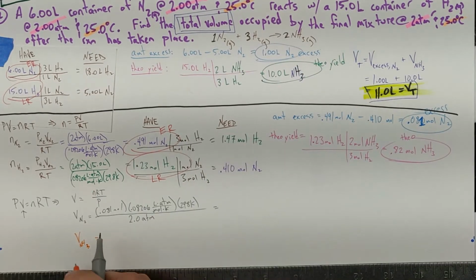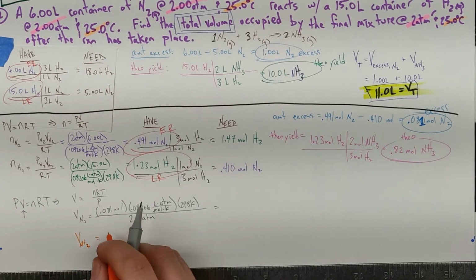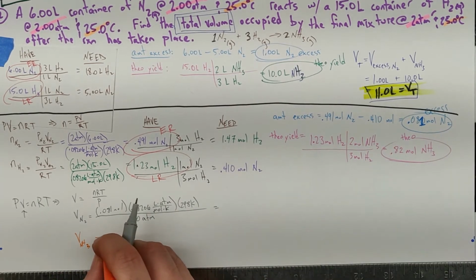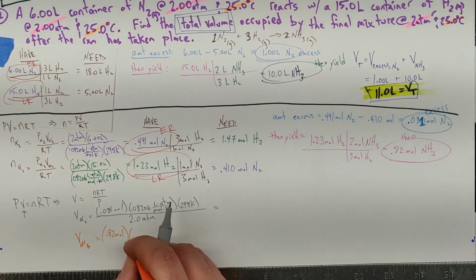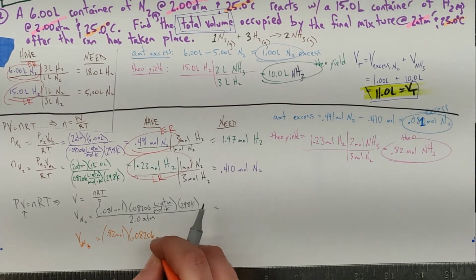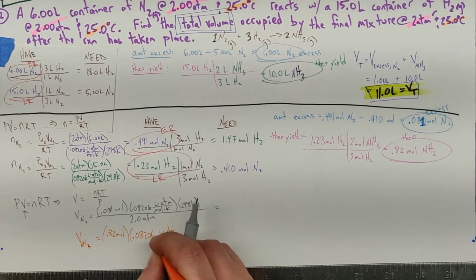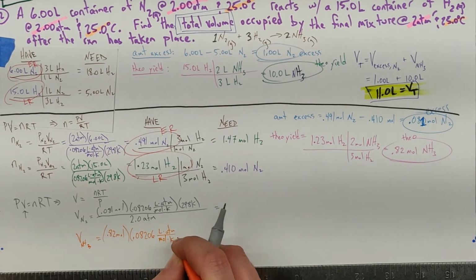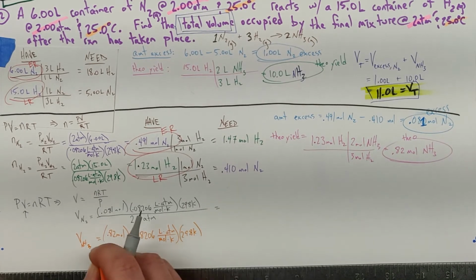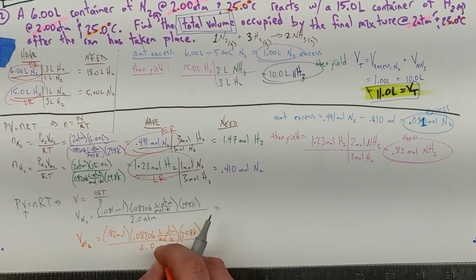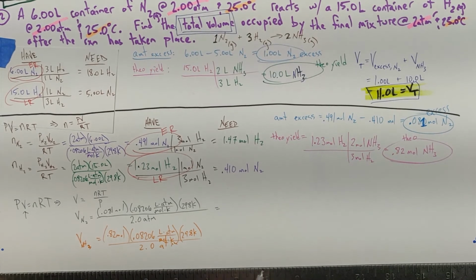We can also solve for the volume of ammonia gas that we produce, and it's going to be based on that 0.82 moles. All this other stuff is the same. Still 298 Kelvin, and still 2.0 atmospheres.